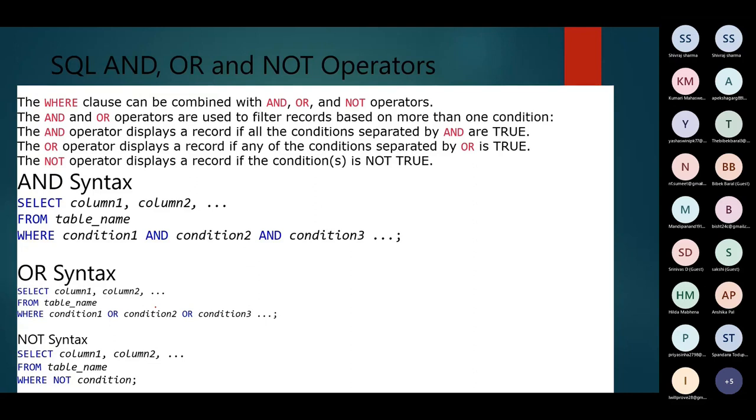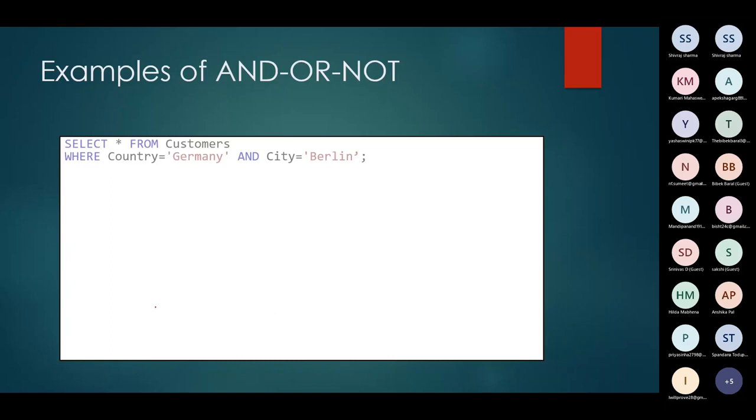Okay, let's see in a fast mode the example of these conditions. The first one is your AND statement. Execute this statement and tell me, are you getting any output or not? Are you getting any data from the table?